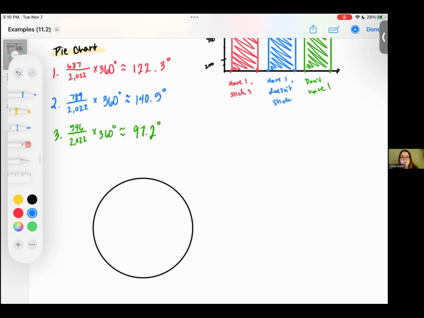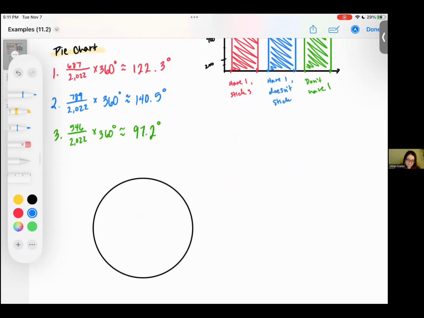Half of the quarter would be 45 degrees. So we can add 45 degrees to 90, and that would make 135 degrees, a quarter and about an eighth, half of a quarter. So that's fairly close to our 140.5 degrees. So we can kind of stick with that.